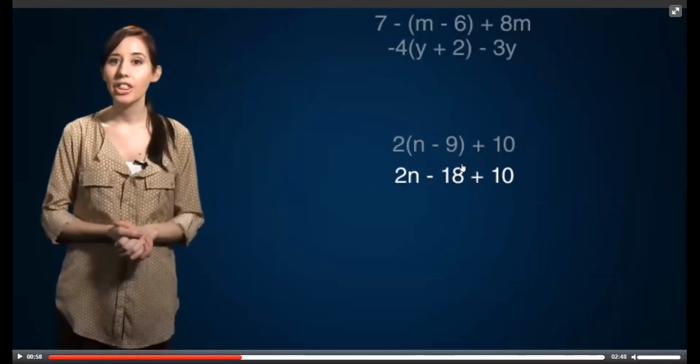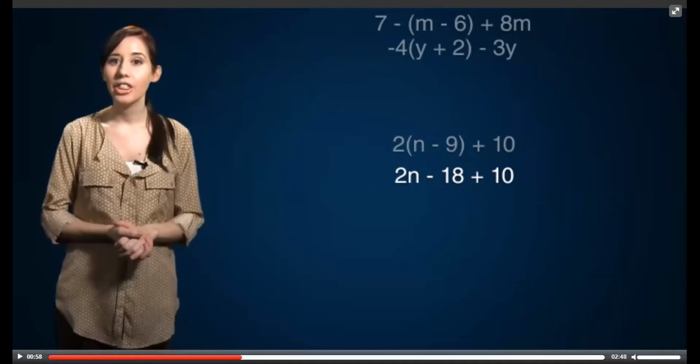Now we can simplify this further because we know what negative 18 and positive 10 are if we combine them together. You notice how I said negative 18? It looks like a subtraction problem, but that minus sign goes with the term 18. So if you turned this around, you could say 10 minus 18, it means the same thing.